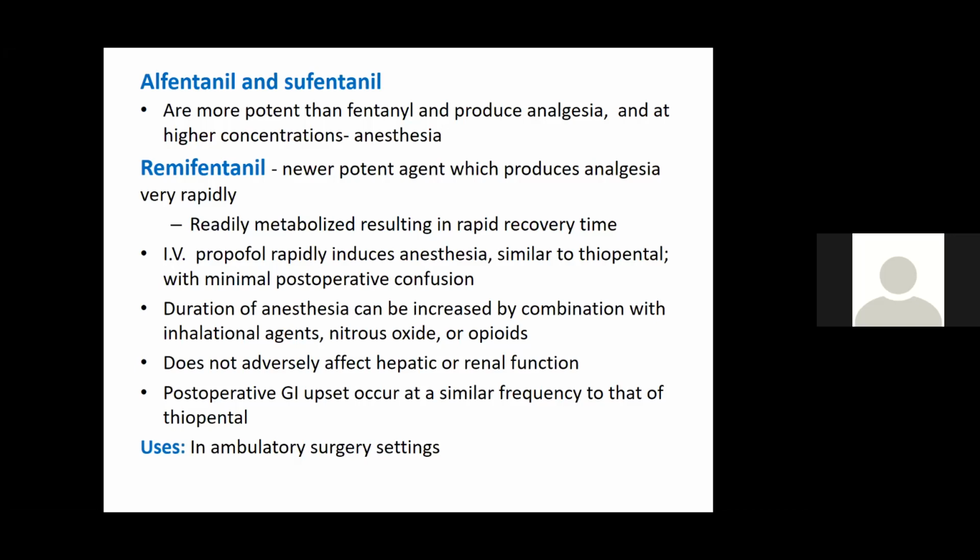I think the latest is remifentanil. I think there is a new one. So go through all of them and the major adverse effects, apart from the general adverse effects we have stated, the specific adverse effects that are associated with each of these agents.